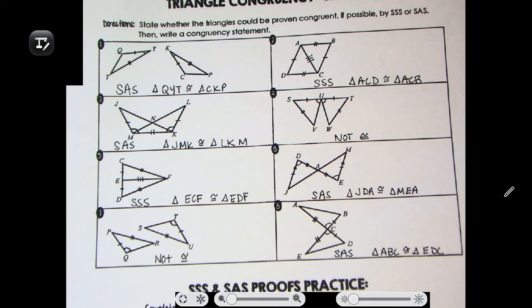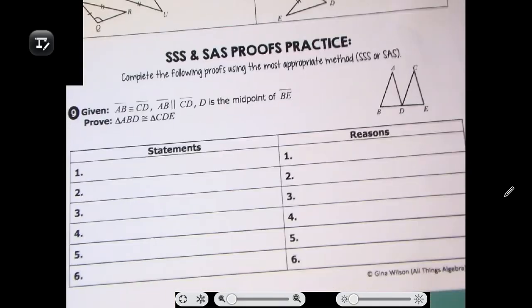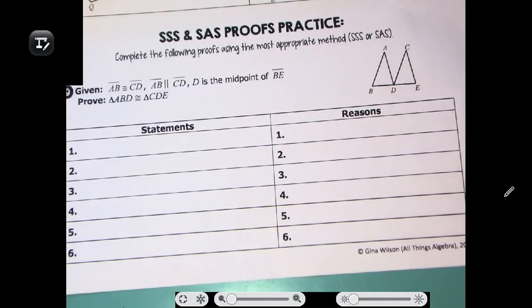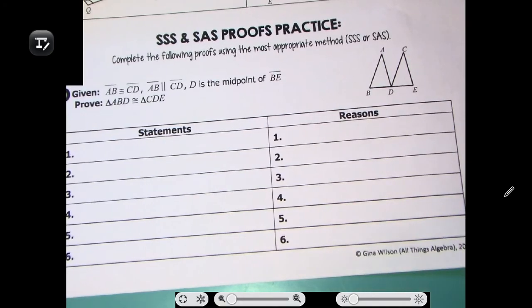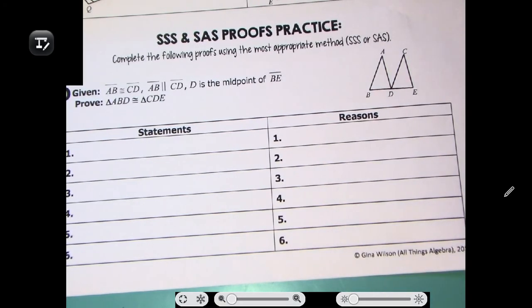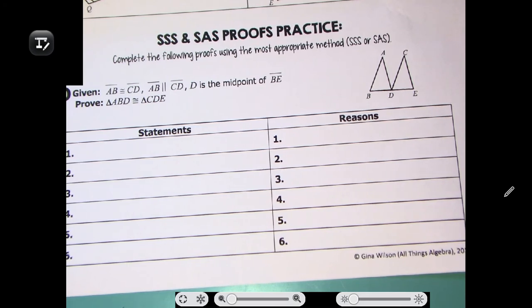And now we'll look at some more proof practice, which is going to be right here. What I actually want you to do now for this proof, and you may feel a little bit not ready yet, but I want you to look at this proof and see if you can fill in anything here. Can you write down the given statements? Can you find some statements that you can make?